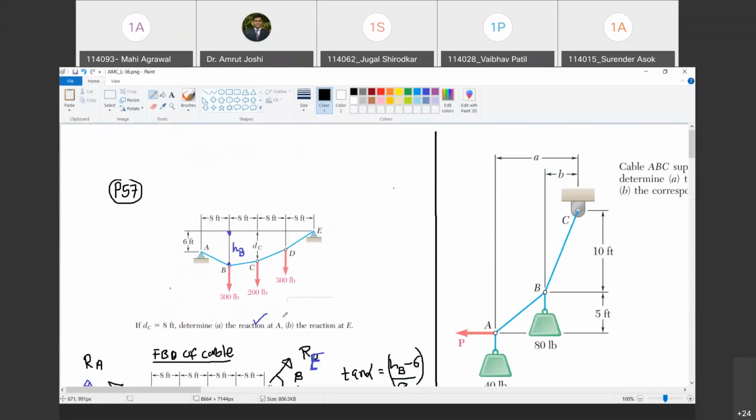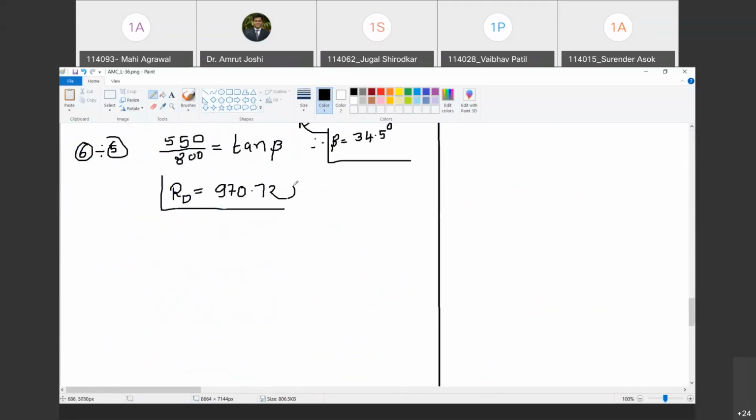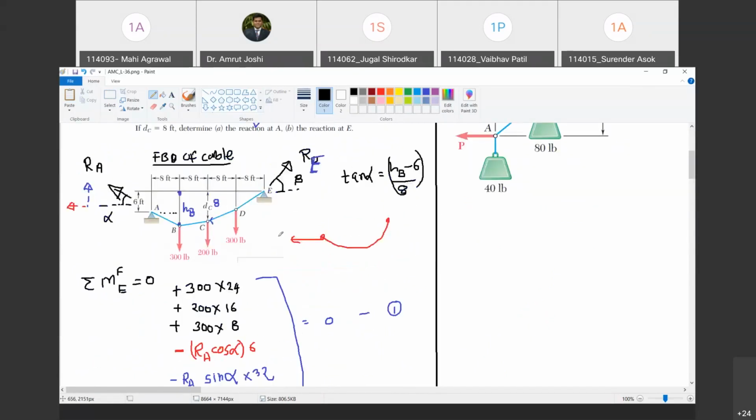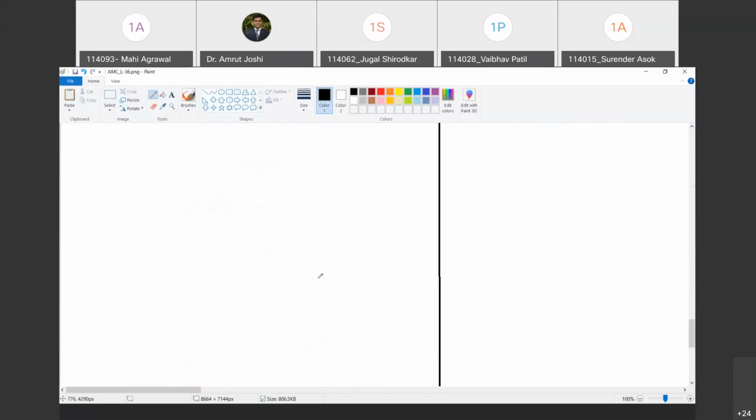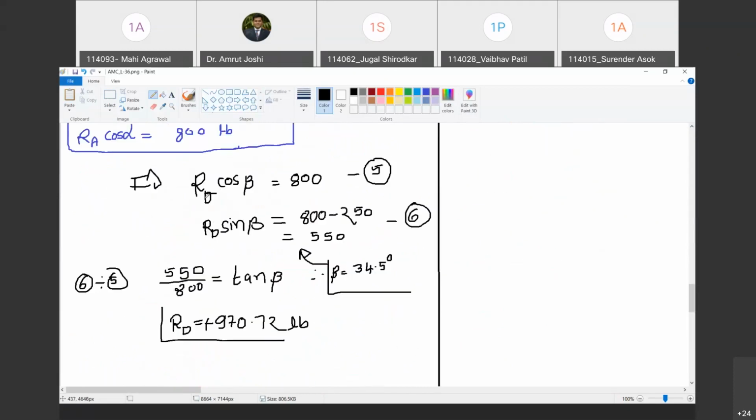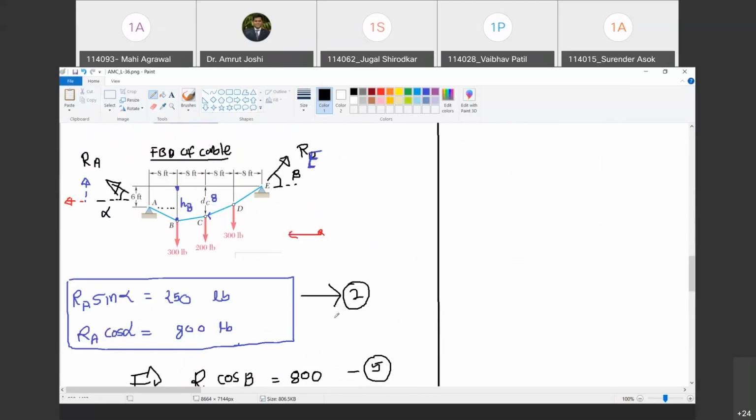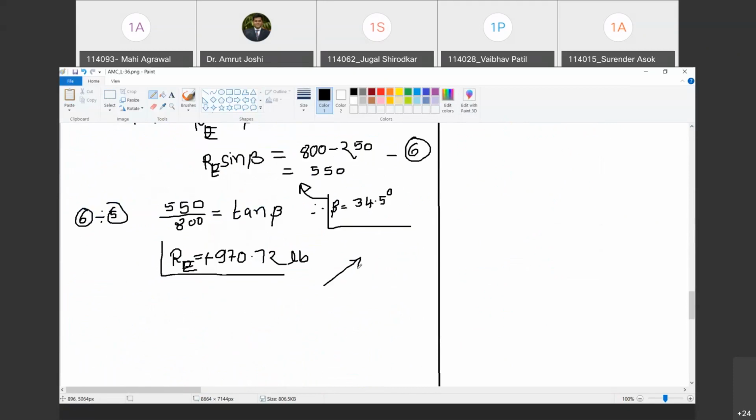All forces are given in pounds, so this also is in pounds. And it is positive. So what is the meaning of the positive sign? The originally assumed sense of RE is correct. It is not RD, it is RE, I am sorry. So this is RE, and the originally assumed sense of RE is correct. That means RE is in this fashion at an angle beta, which is equal to 34.5 degrees. Agreed? Yes, sir. Okay, great.